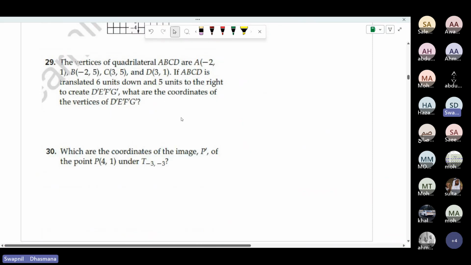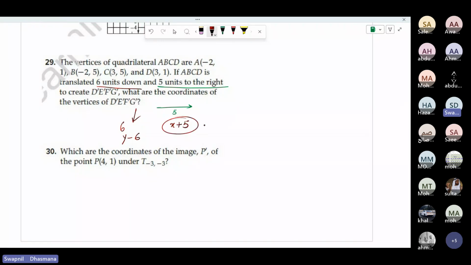So all these questions will be the same now. You see 6 points down and 5 to the right. 6 down, 5 right. This is Y, so you will do Y minus 6, and this is X, so you will do X plus 5.